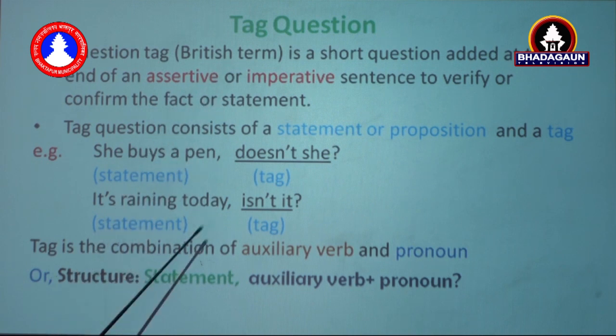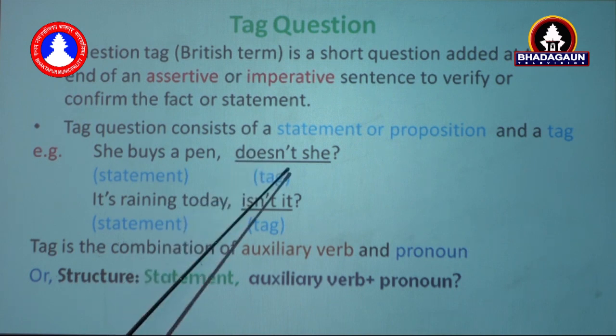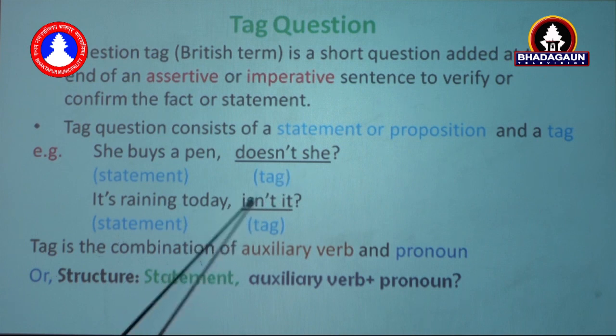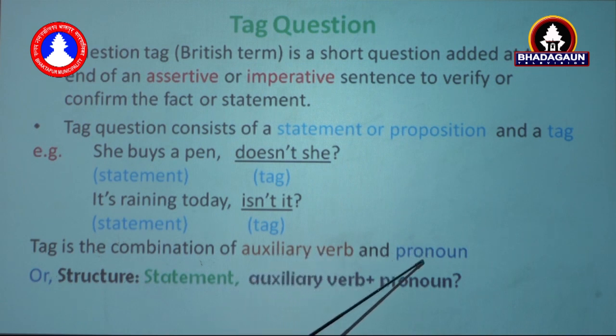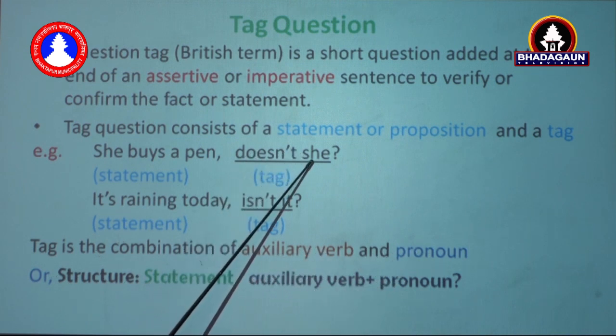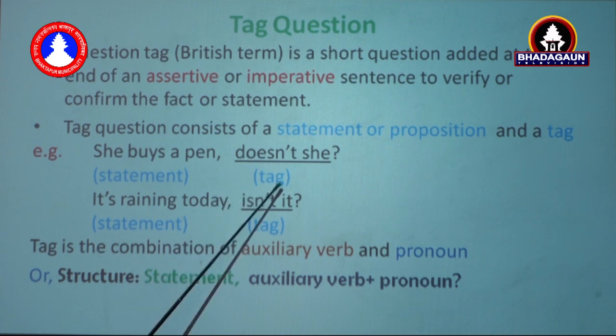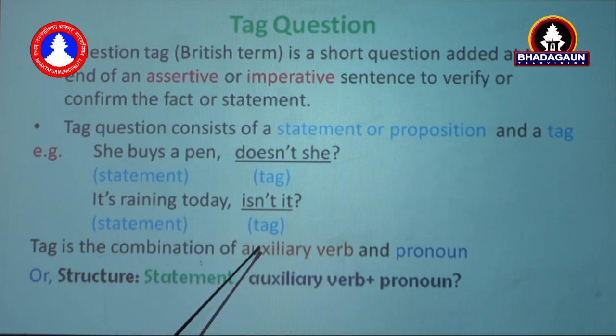See the second part only, underlined part only. This underlined part is doesn't she and isn't it. Tag is always the combination of auxiliary verb and pronoun. Does, auxiliary verb, she, pronoun. Is, auxiliary verb, it, pronoun. So tag is always made with the help of auxiliary verb and pronoun.